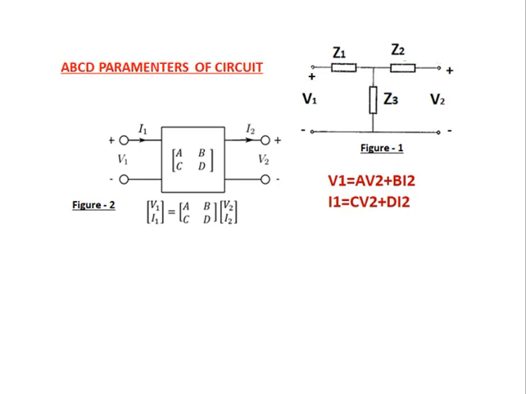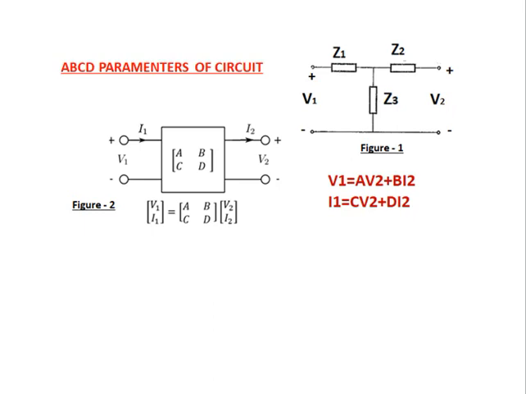V1 is the input voltage to the circuit formed by Z1, Z2, Z3. If we connect a load impedance across the output terminal, the voltage is V2.